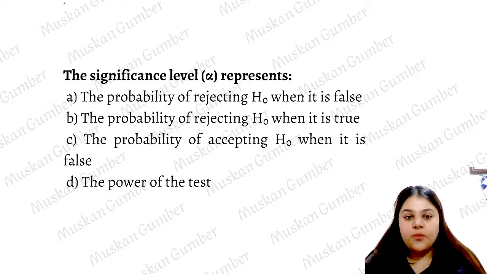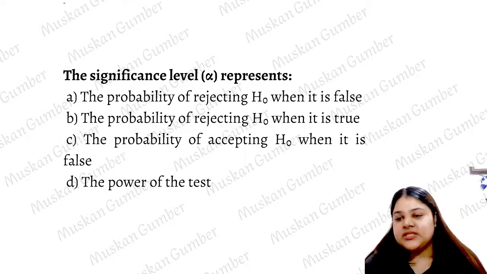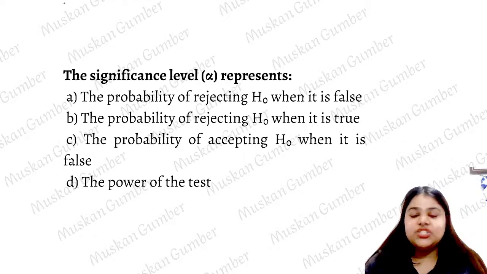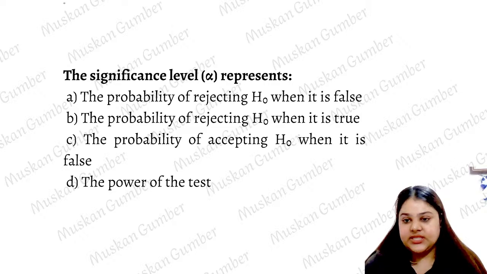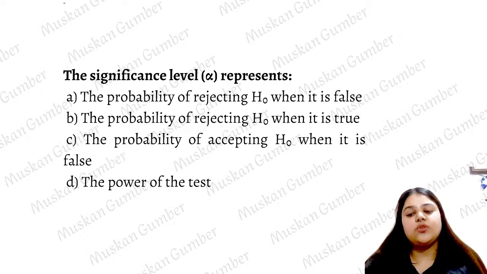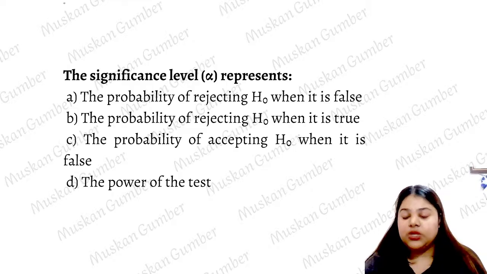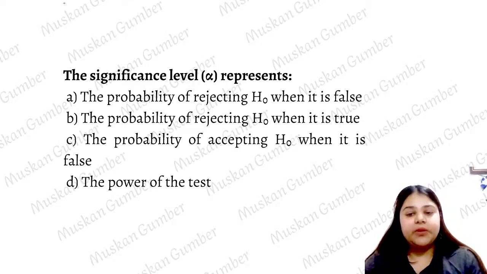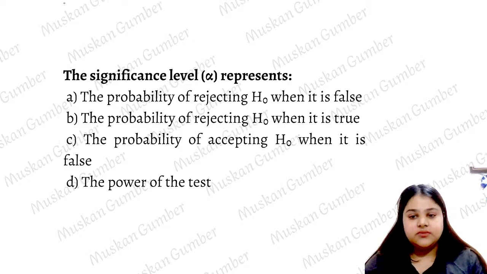For example, if I want to see the effect of running on heartbeat, there will be a tool which measures a person's heartbeat and how much they have run. So we need a certain standardized procedure. And yes, the researcher decides the critical region on their own: how much margin of error do they want to leave? Right, everybody, please type in your answers quickly.